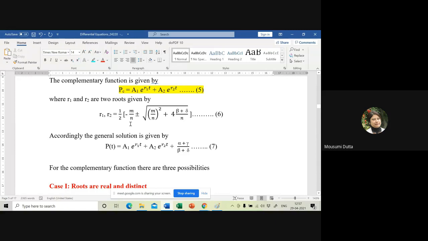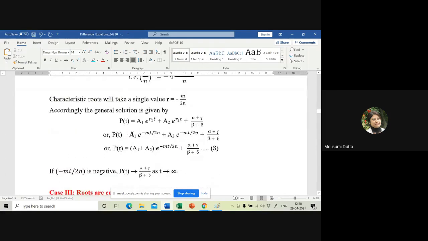So if the roots are repeated real roots, the value is minus m by 2n. As long as both m and n are positive, the value will be negative. So both the roots will be negative and you will have the convergent time path. However, if m and n are such that this entire term is positive, in that case, you will have divergent time path.